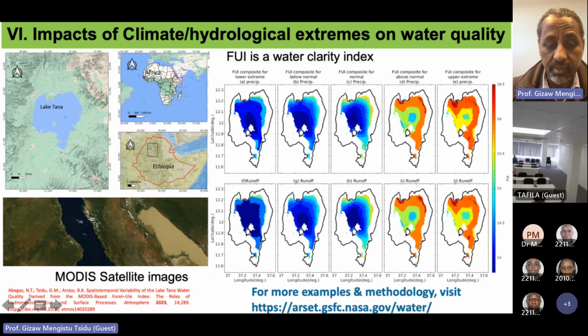You can read about the theory of water clarity or water color from this paper. There's a lot of detail that you can use if you want. And of course, I also provided a link to more general lectures on the use of remote sensing for water quality, even for agriculture.